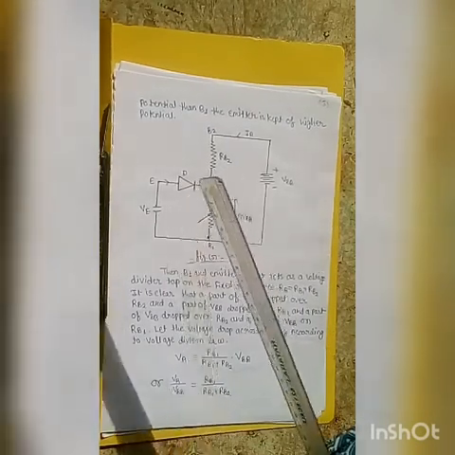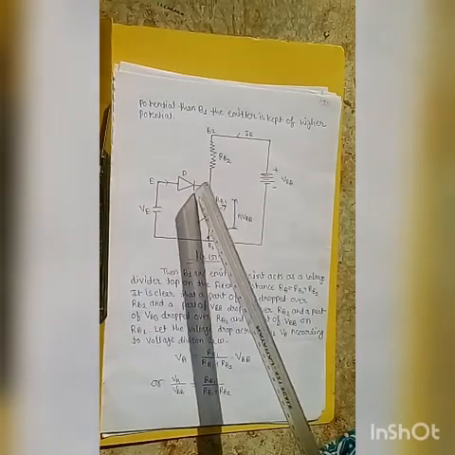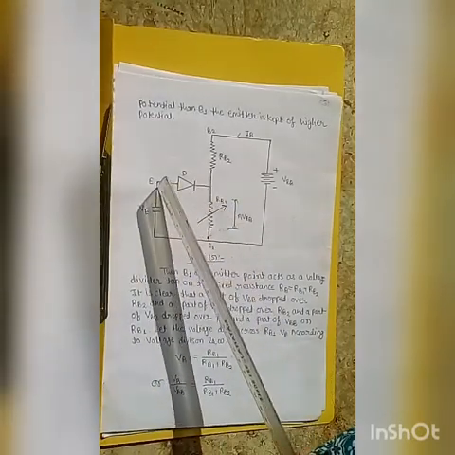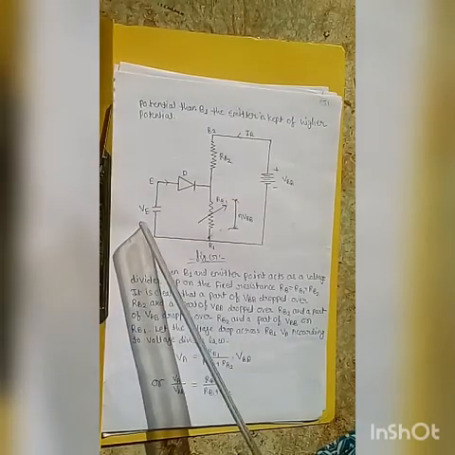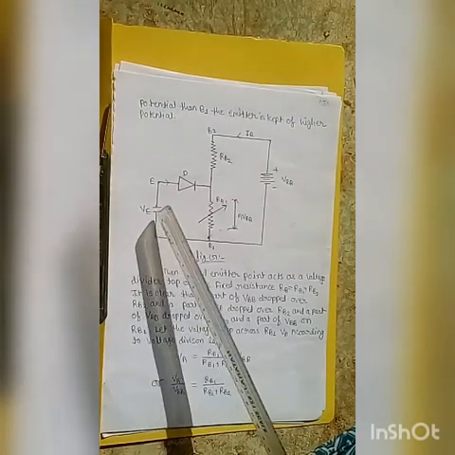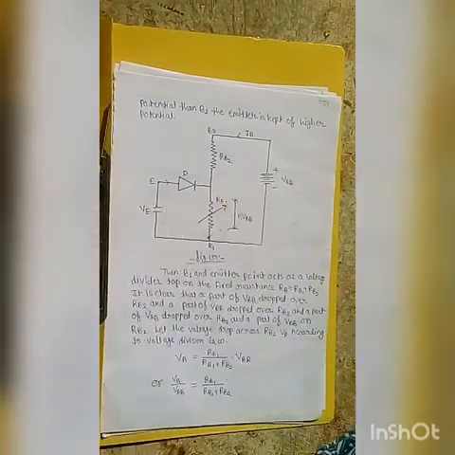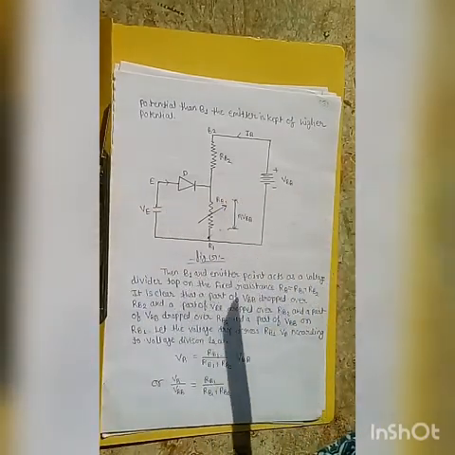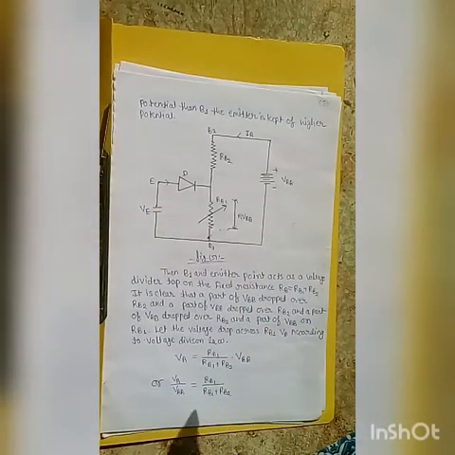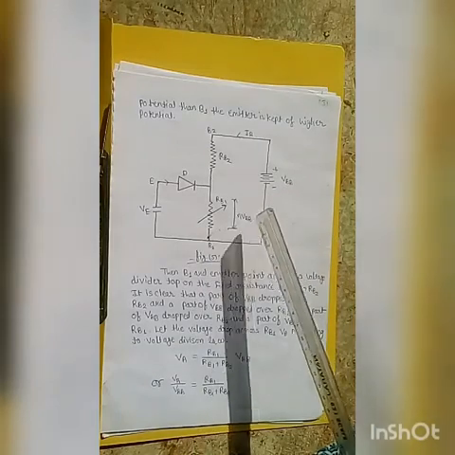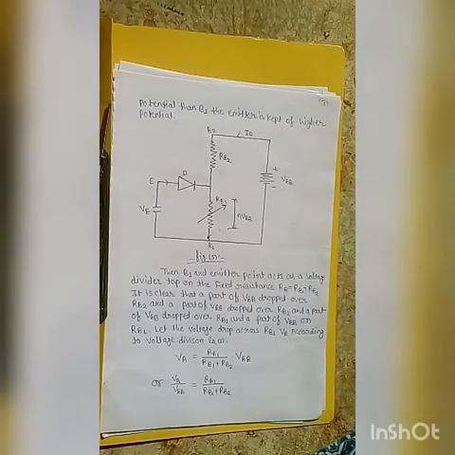This is the diode, this is the emitter, this is the emitter voltage. This is called eta VBB. Then B1 to emitter point acts as a voltage divider tap on the fixed resistance RBB equal to RB1 plus RB2.